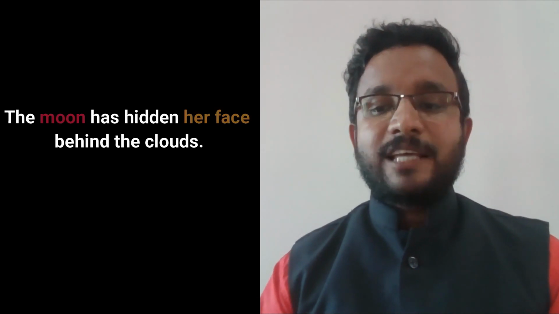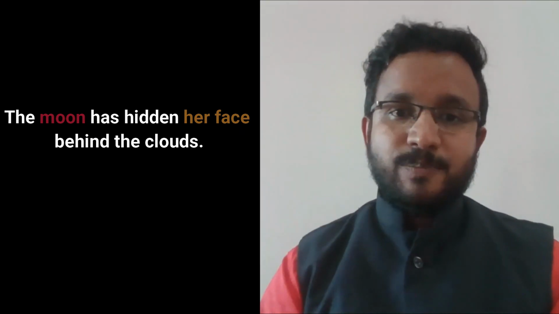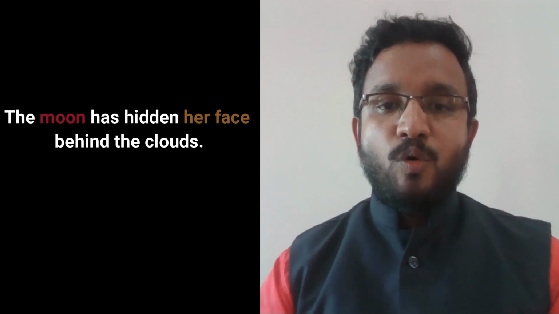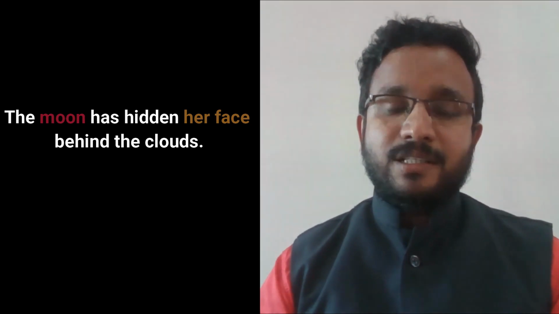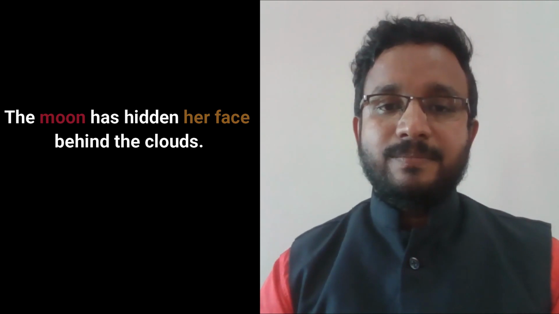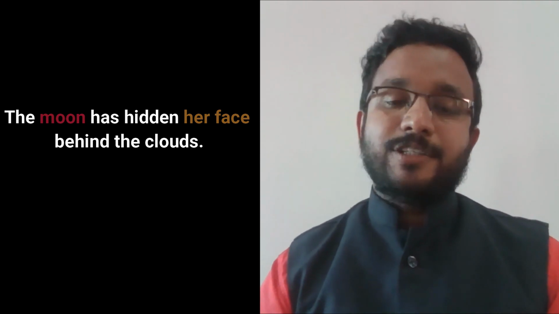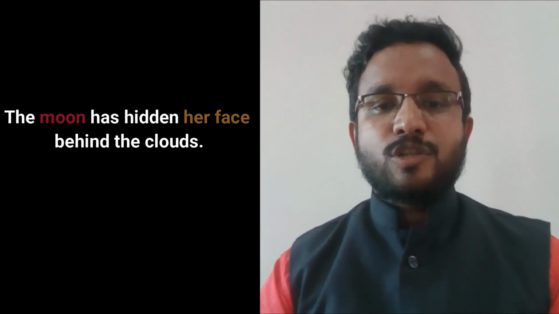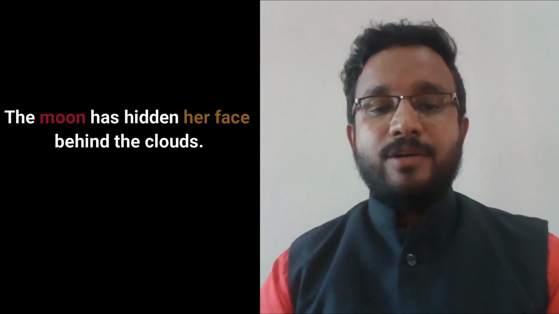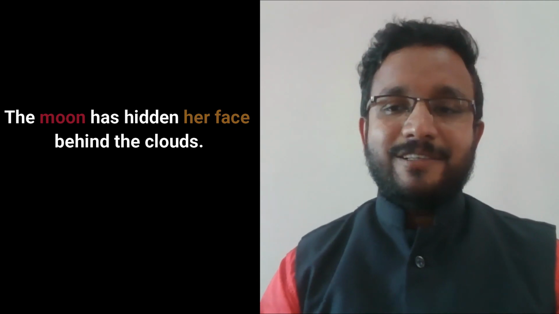The moon has hidden her face behind the clouds. In this particular sentence, the moon is personified as the feminine gender. And that is why it is said, her face. Hence, such nouns are personified as feminine gender.